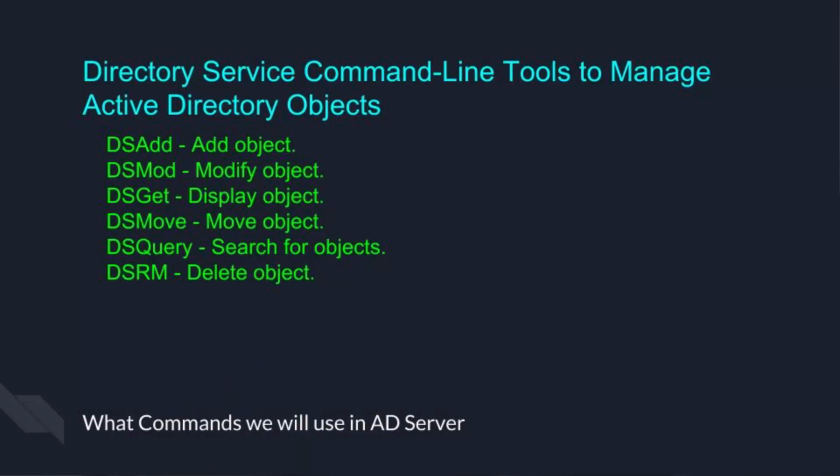If you have access to that server through command prompt, you can create directly on that server. Those commands are dsadd for add objects, dsmod for modify object, dsget for display object, dsmove for move object, dsquery for query object, and dsrm for delete object.